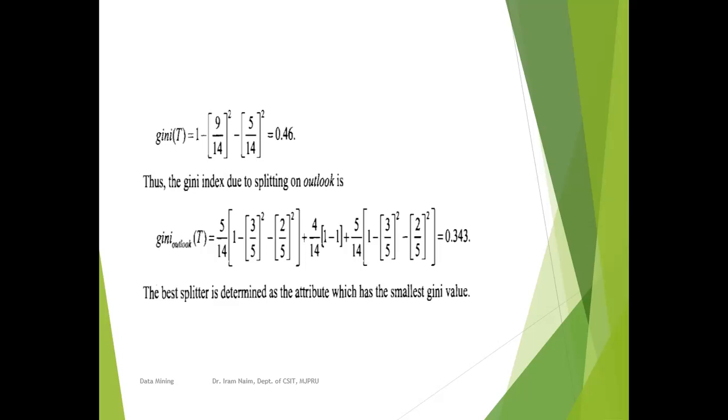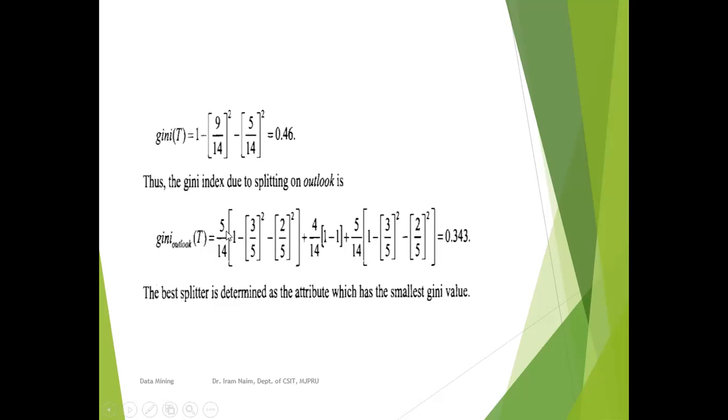The first value is sunny, which contains 5 rows, and in those 5 rows there are 3 times yes and 2 times no. First we calculate the Gini index of this partition: 1 minus 3 divided by 5, because 5 rows are taken under the sunny value, whole square, minus 2 divided by 5 whole square. This gives the Gini index value for sunny.